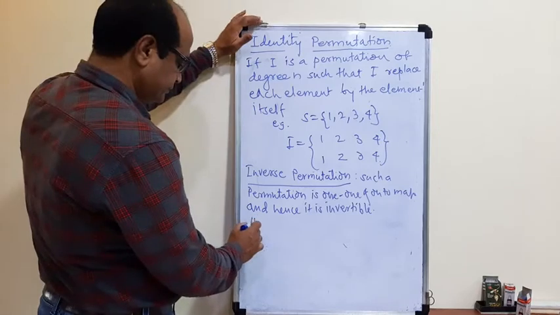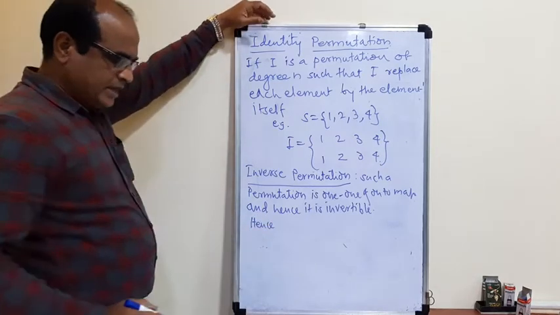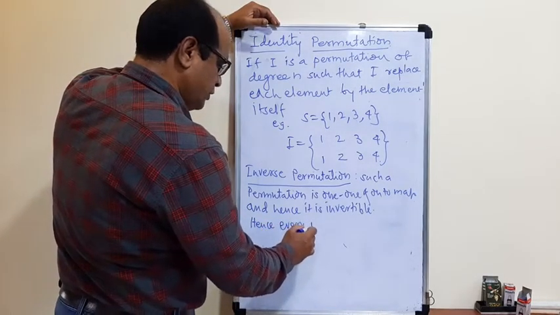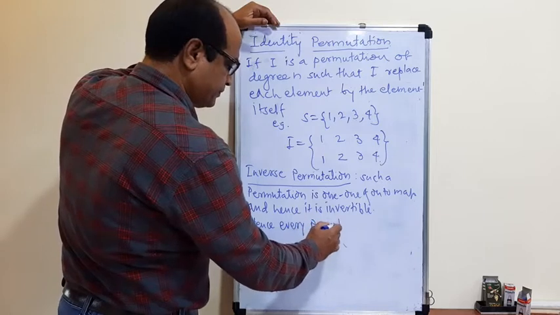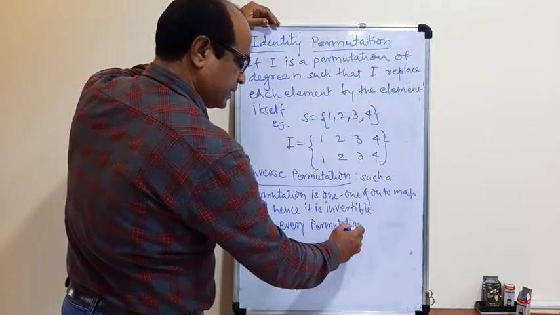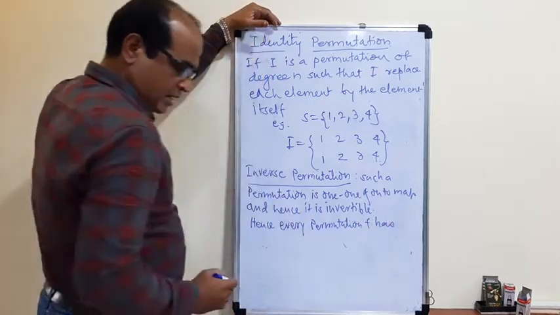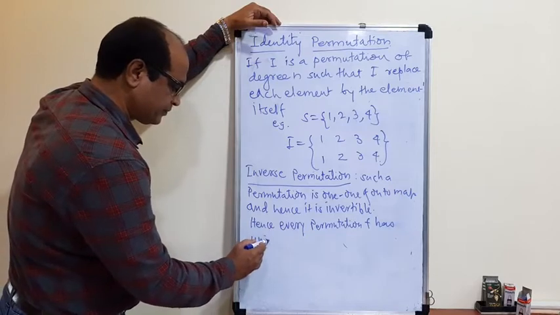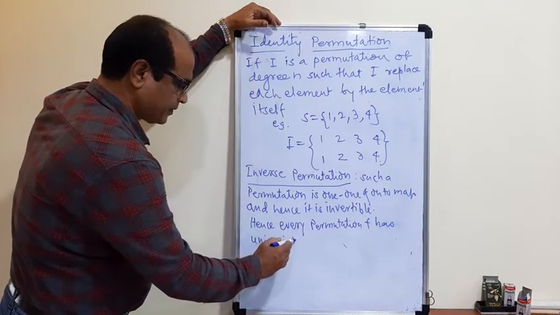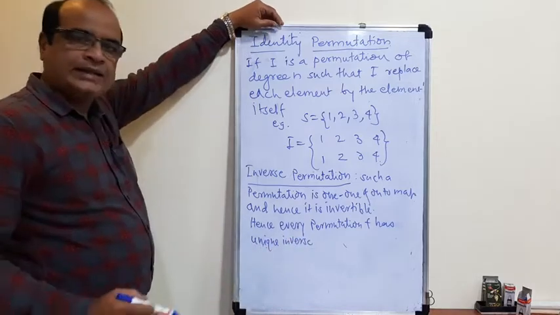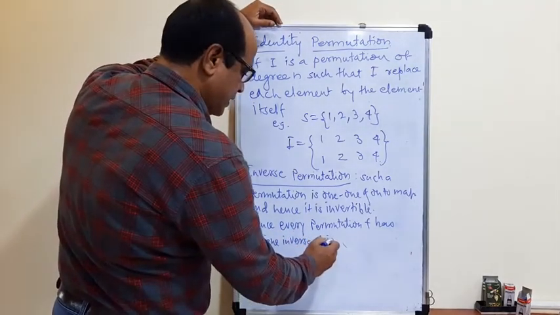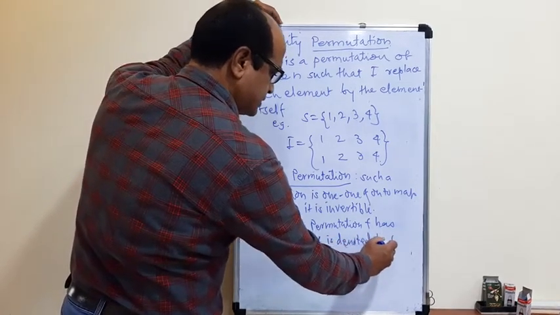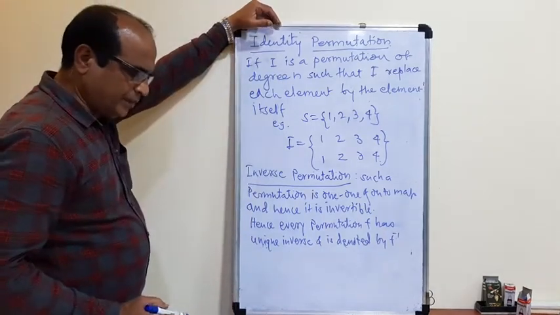Hence every permutation F has a unique inverse, and it is denoted by F inverse.